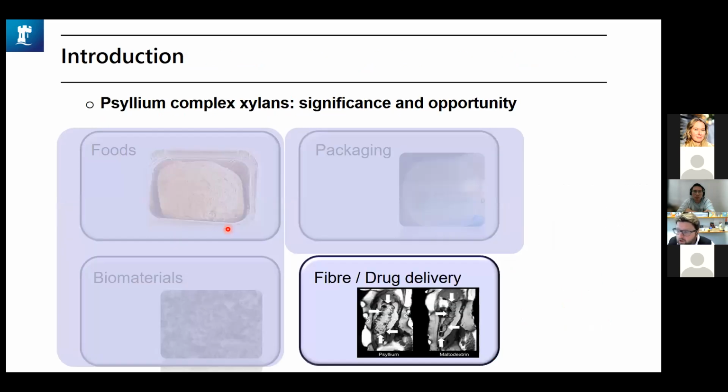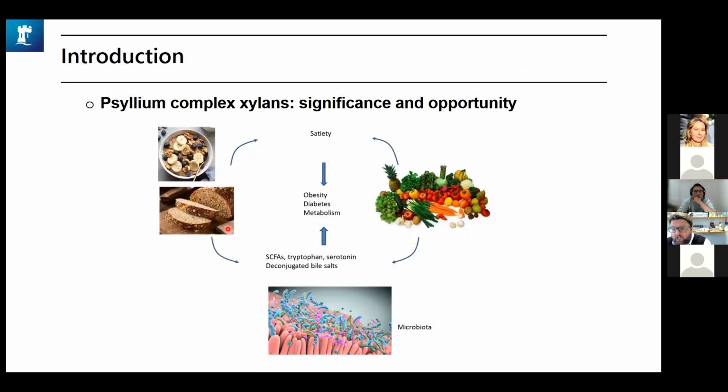And finally, if you go to the fiber and drug delivery application, we're obviously very interested in fiber. Xylem and Plantago, which are synonyms, are important dietary fiber, and we've proven that it has the potential to deliver a lot of benefits in terms of the gut microbiota.